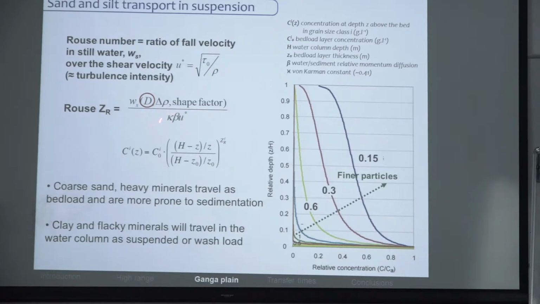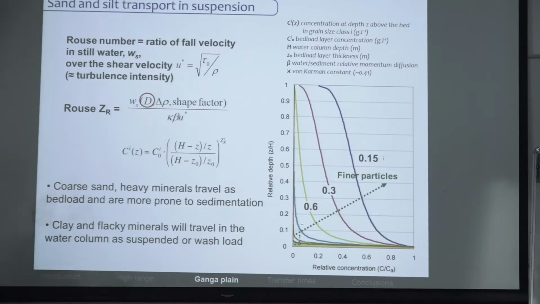So this part is just related to the fluid, not dependent on the size of the particle. But in contrast, the settling velocity of your particle is highly dependent on the particle size, and the larger is the size, the faster the settling velocity, so the larger the Rouse number.